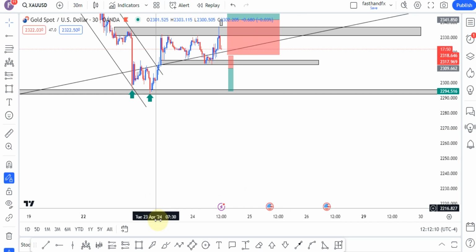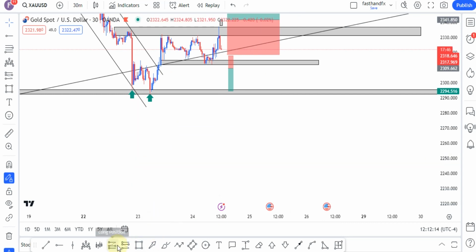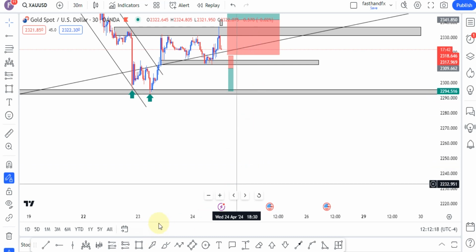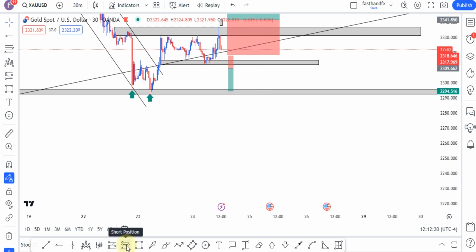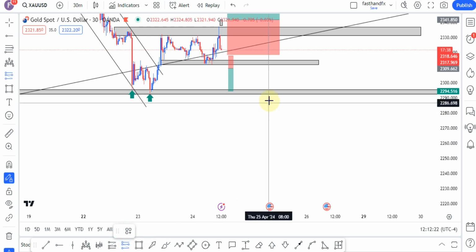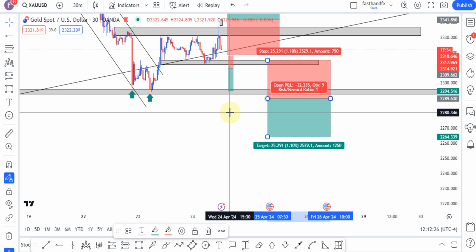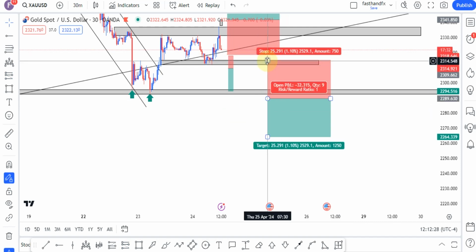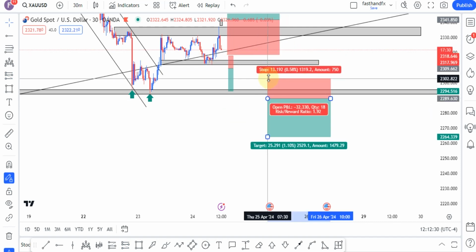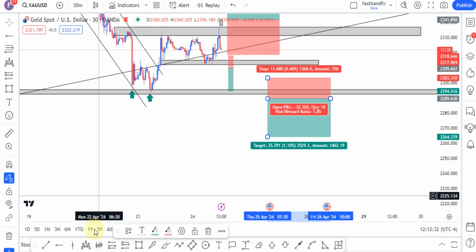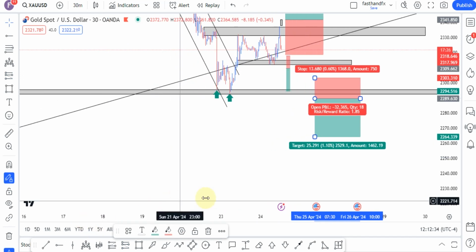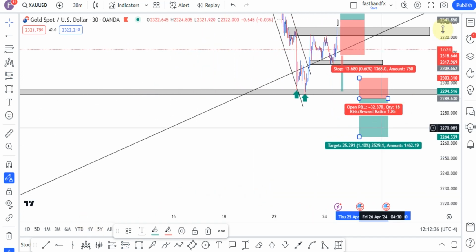Then maybe we can go in again for more sales if it does break below this area down here. Then this one we can hold it all the way down here.